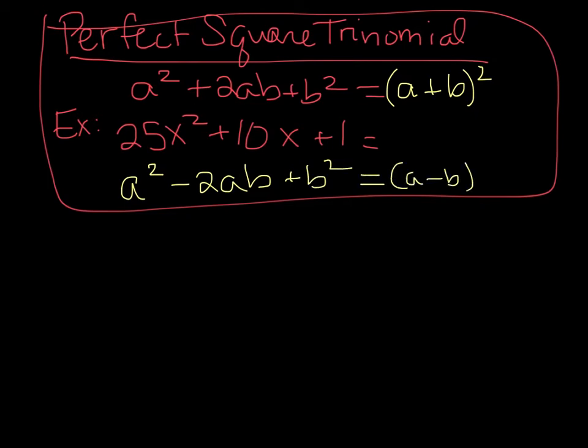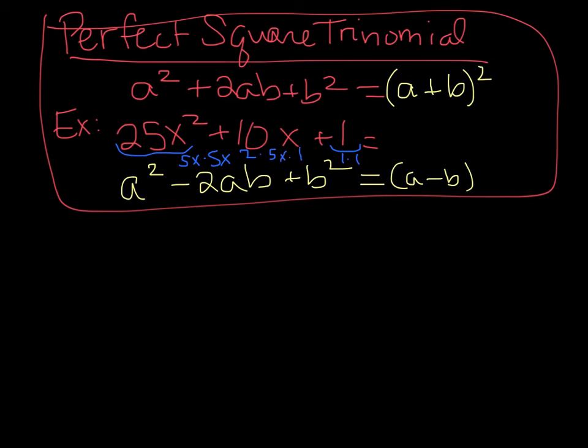For our first example, you'll notice that 25x squared is a perfect square because it's 5x times 5x. 1 is a perfect square because it's 1 times 1. You will notice that if you do 2 times 5x times 1, you're going to get that middle term.